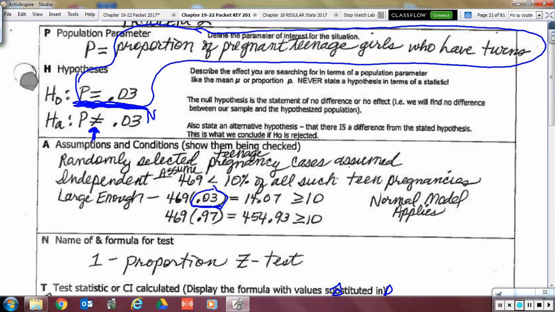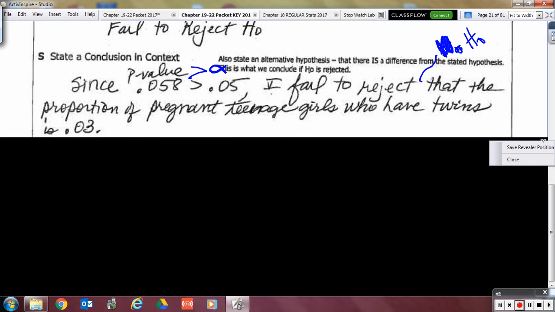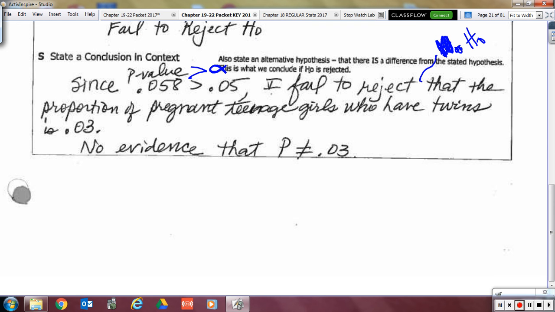So I have no evidence of HA. I didn't get enough evidence to say the HA is a go. So that's the end of your conclusion. No evidence that P is not equal to 0.03. Okay? All right, so that's exactly how you do that.